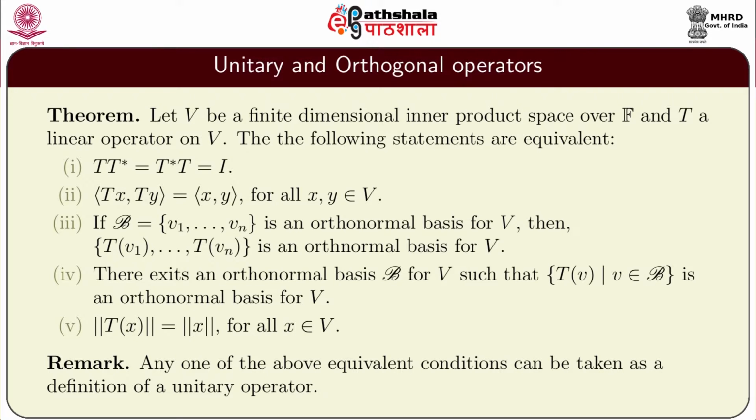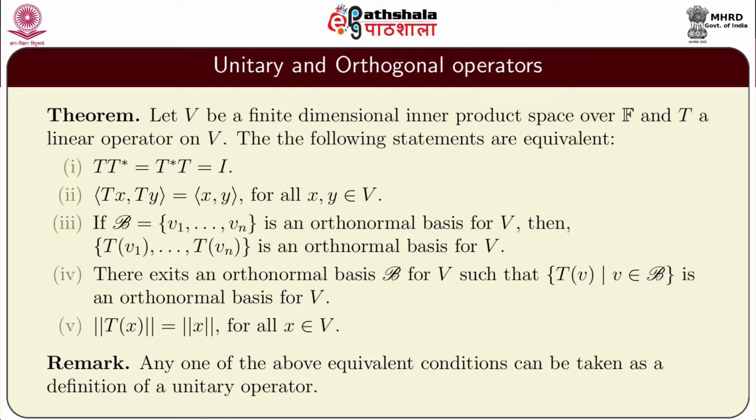Statement 4: there exists an orthonormal basis B for V such that the set of all Tv such that v belongs to B is an orthonormal basis for V. And 5 says that norm of Tx is equal to norm of x for all x in V.